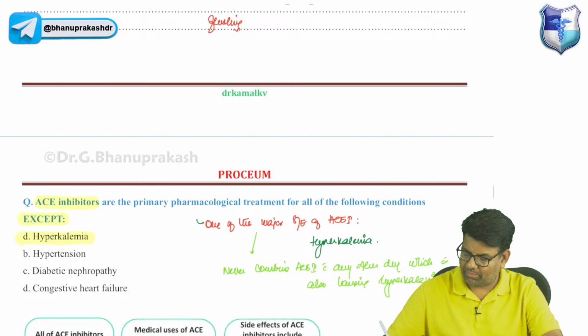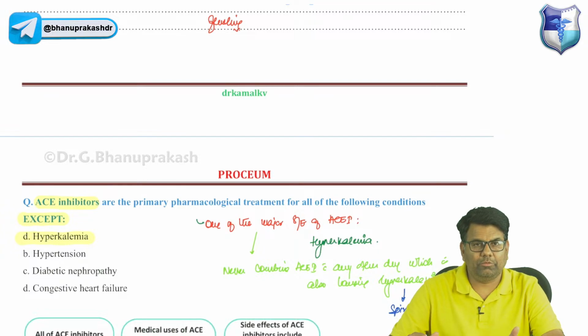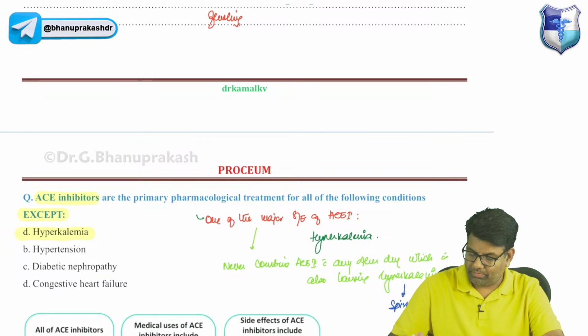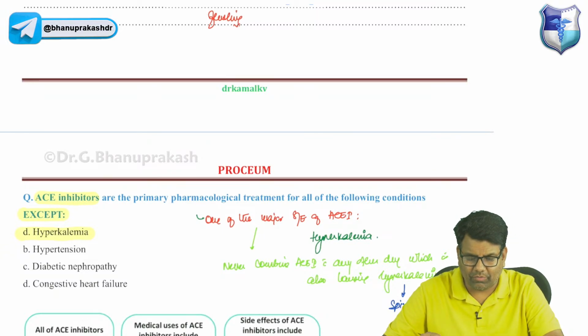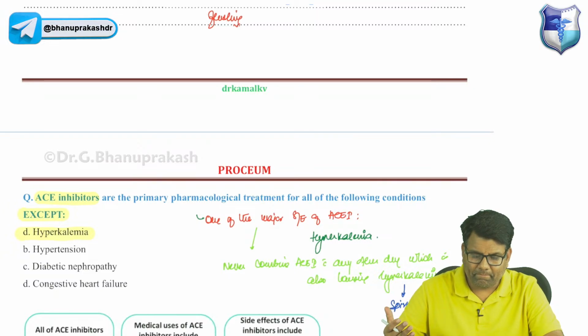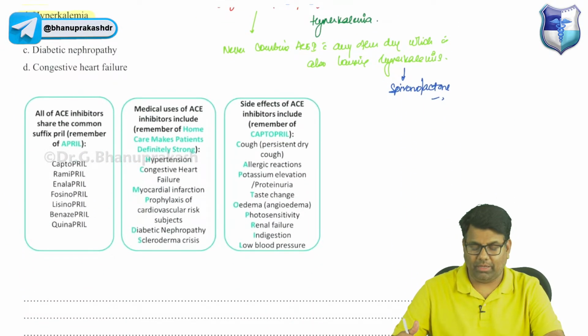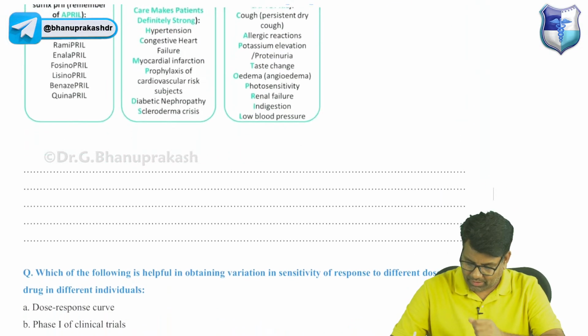One of the classical examples is spironolactone. Never give an ACE inhibitor with spironolactone, because spironolactone is also a potassium sparing diuretic, so there will be fatal hyperkalemia. So please remember, one of the complications of ACE inhibitors is hyperkalemia. There is no point in giving an ACE inhibitor to a patient with hyperkalemia.